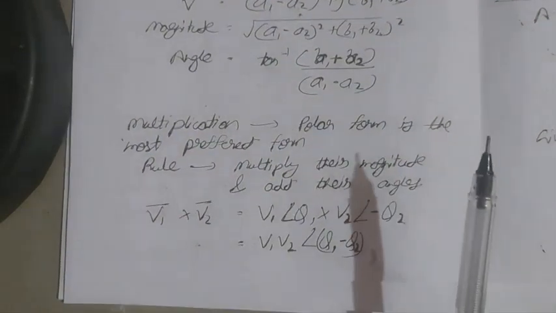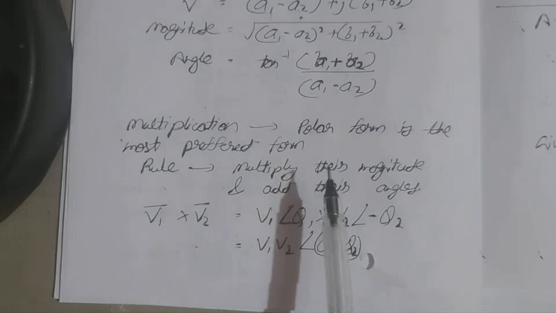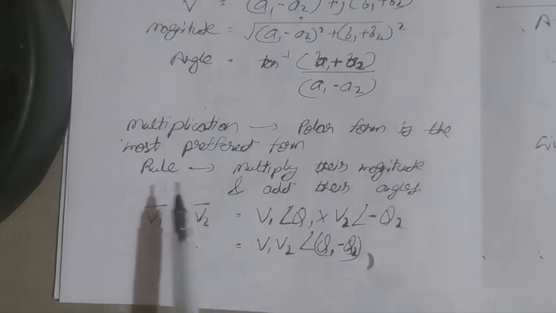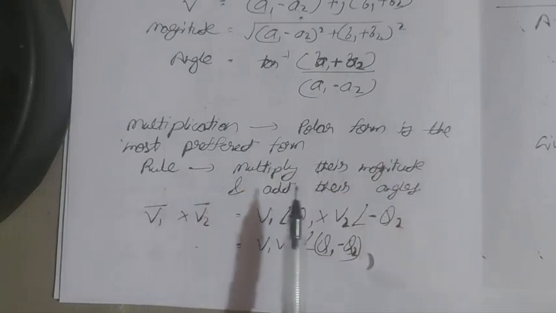Then multiplication of phasors. For multiplication, polar form is the most preferred form. Polar form को most preferred form माना जाता है.